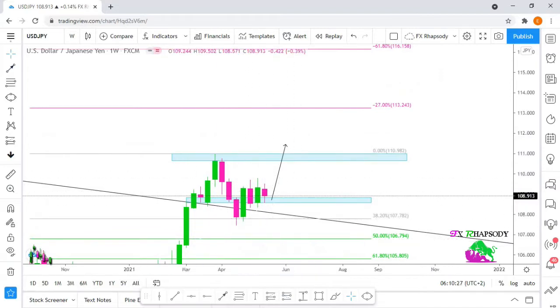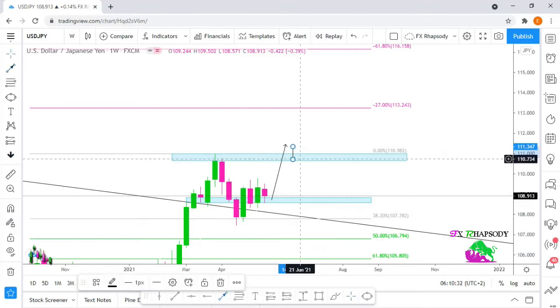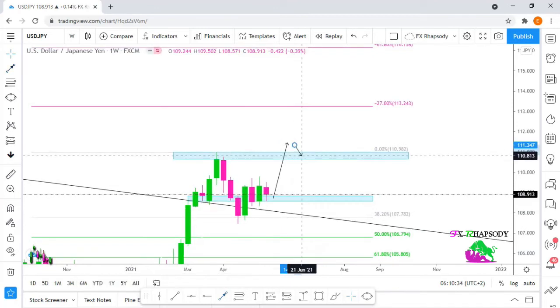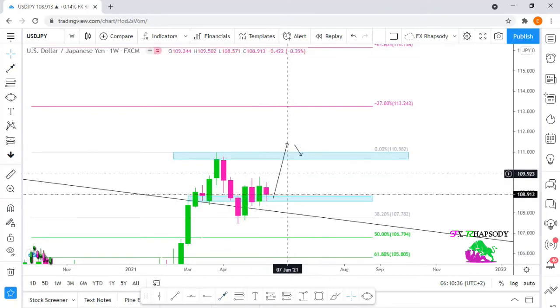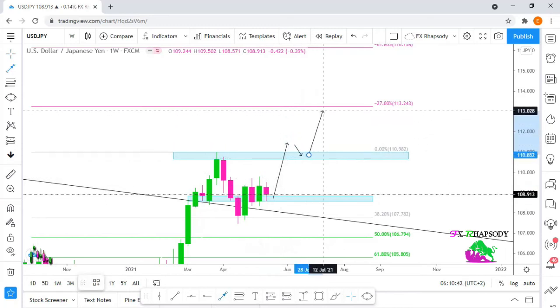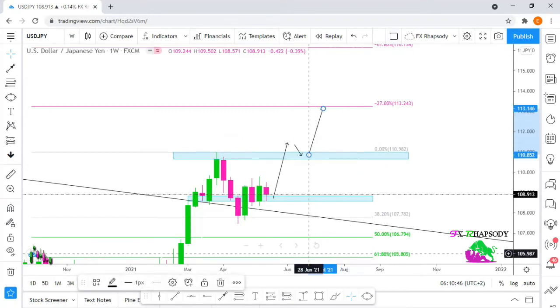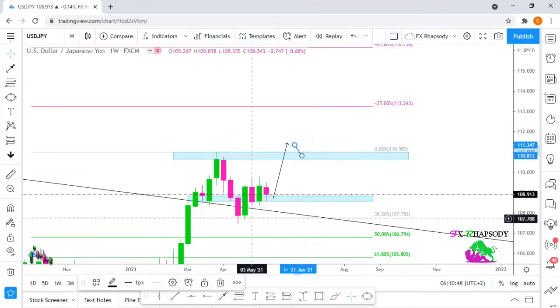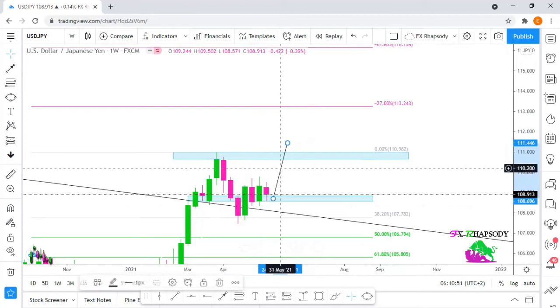We want to see price moving up, breaking this area of resistance, coming back to retrace it, that being a support then, and then bouncing up. That is what we wanted to see. So we are definitely going to look at placing some nice buys in this area.